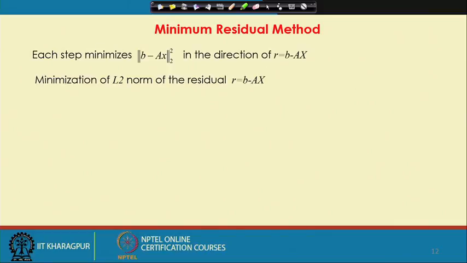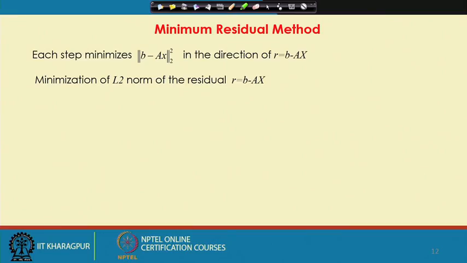So, this is minimization of the L2 norm of the residual b minus Ax. Earlier, steepest descent was minimizing x transpose Ax minus x transpose b. For the minimum residual method, it is minimizing the L2 norm of the residual. So again, it is a minimization.